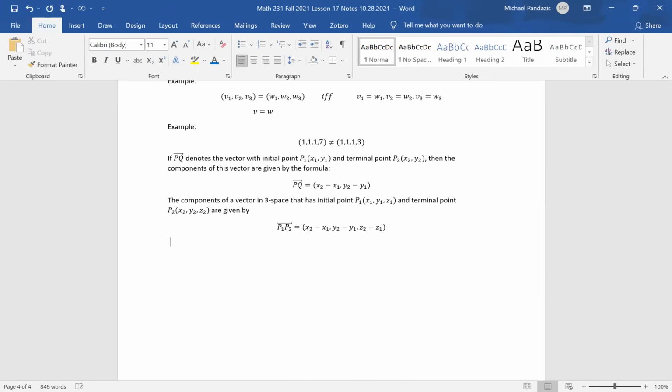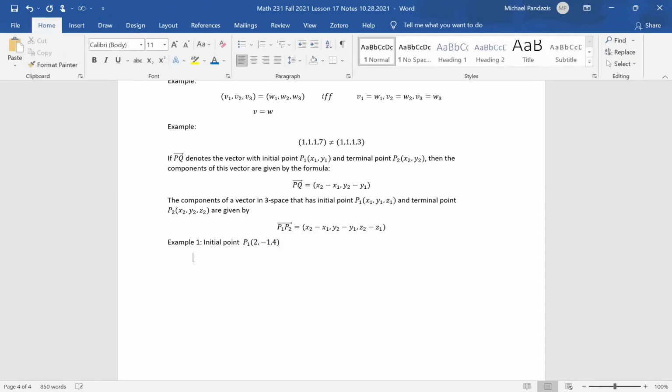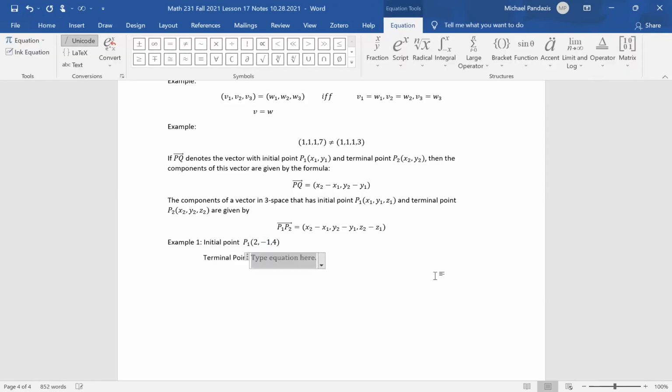Okay, so an example. Example 1 is, let's say you have initial point P1, which has coordinates 2, -1, 4. And you have terminal point P2, which is 7, 5, -8.